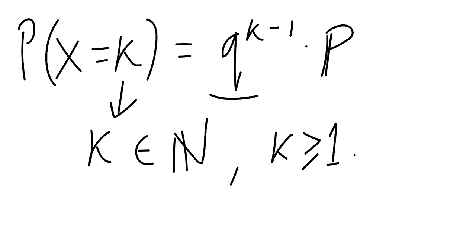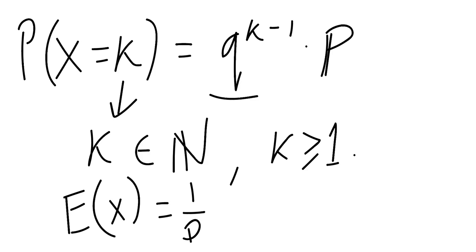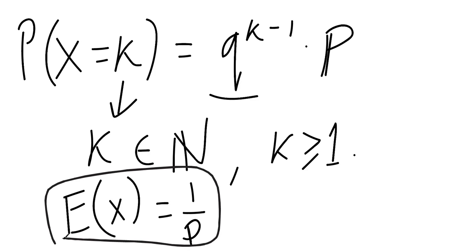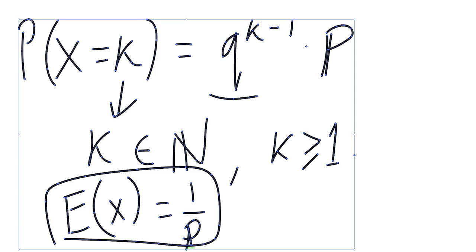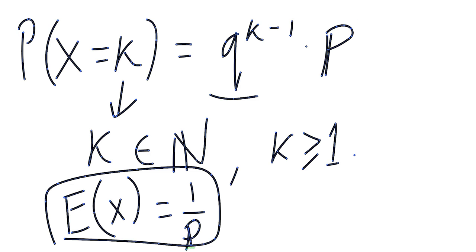And it turns out the expectation of a geometric distribution is 1 over p. That's the expectation of a geometric distribution.